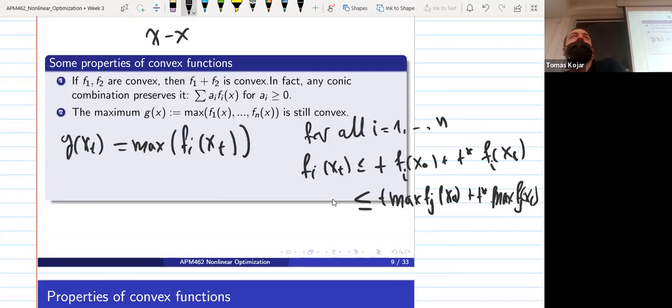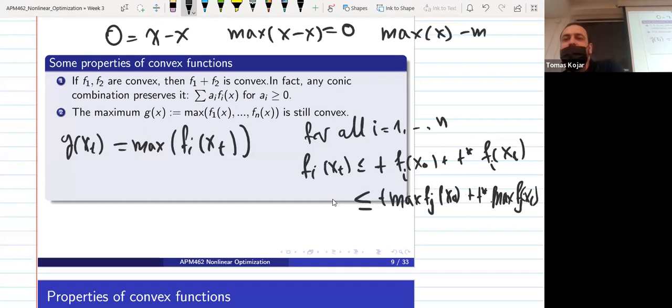X minus X is 0. The maximum of X minus X is 0. The maximum of X minus maximum of X is infinity, for x non-negative. No. Okay, what do I want? I can break this. Give me a second.